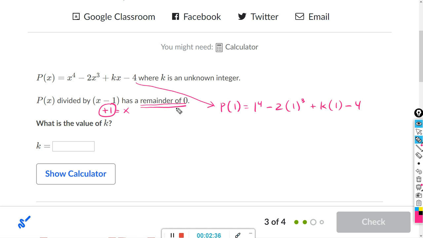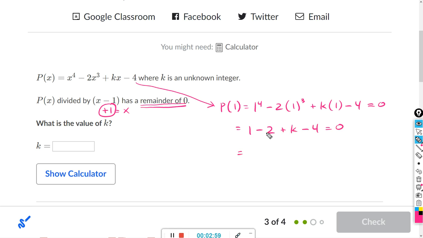And since the remainder is 0, we set this equal to 0. 1 to the 4th is 1. 1 to the 3rd is also 1 times -2. K times 1 is just k. Minus 4 equals 0.